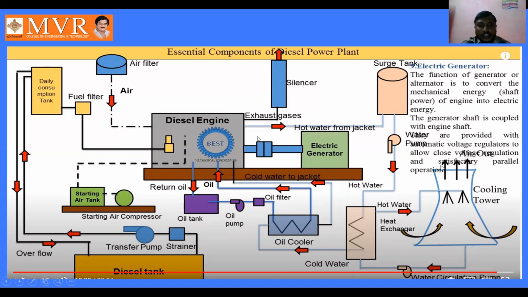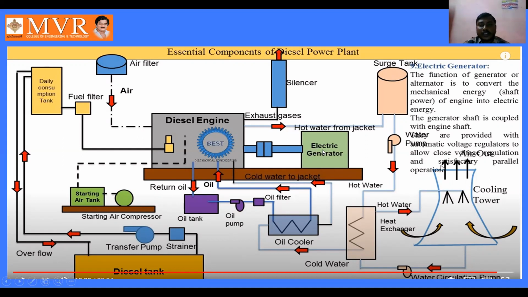Here we can observe the shaft connected to the engine cylinder. To this diesel engine cylinder, using the shaft, we connect the electrical generator.